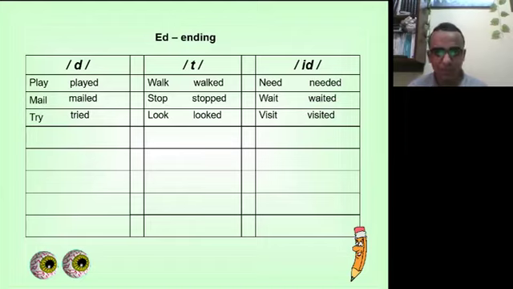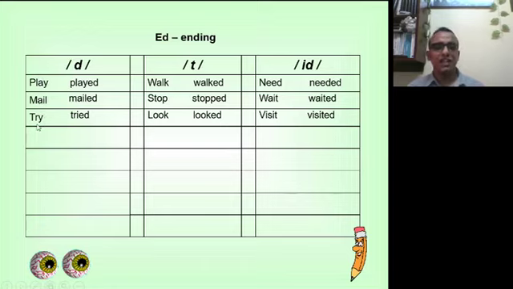In the past simple, we have three pronunciations for the ed ending. We pronounce the ed as d, t, and ed. So, play, mail, try.